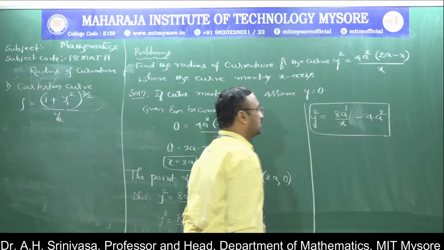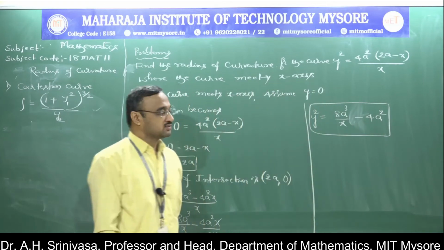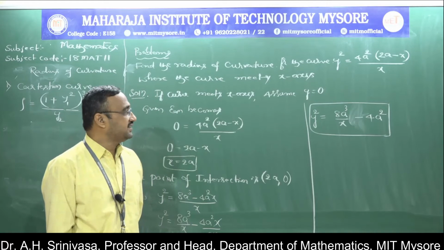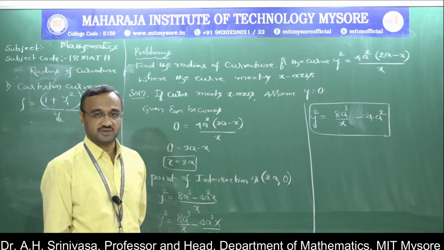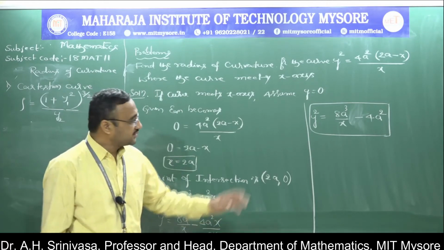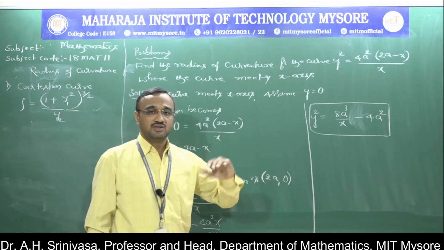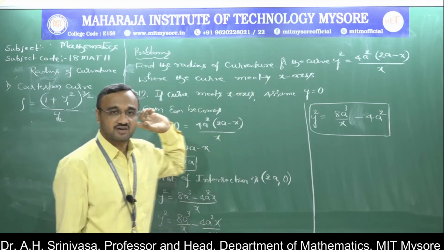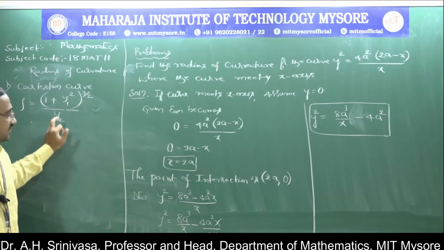Now we have reduced in this form, that is y square equal to 8a cube by x minus 4a square. So after reducing this in simplified form, now I am going to find out the first and second order derivative, what we need for the formula.